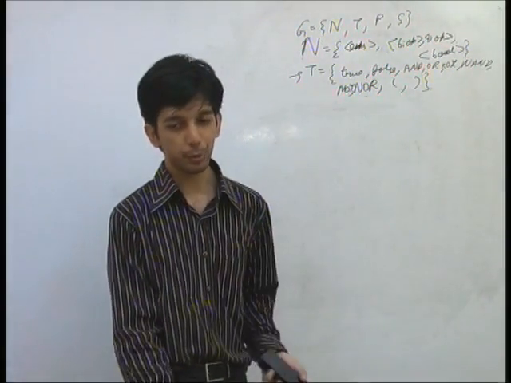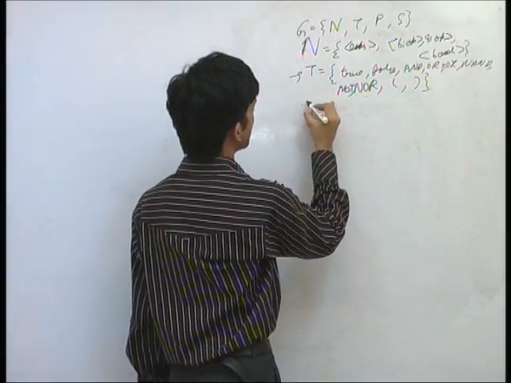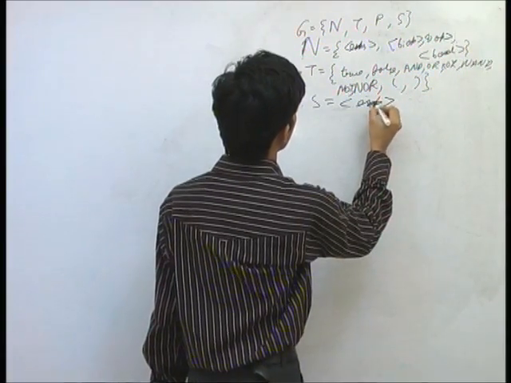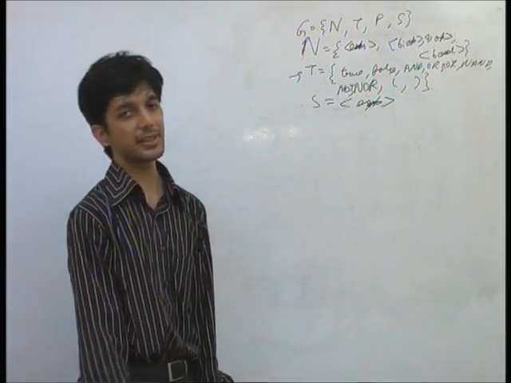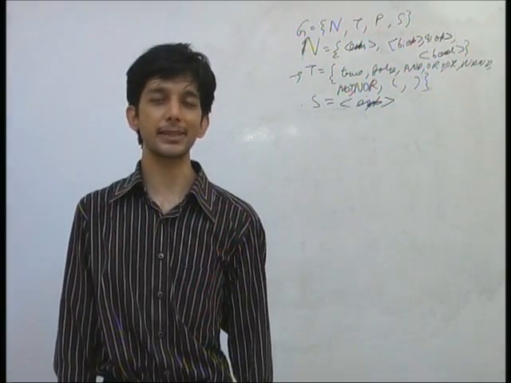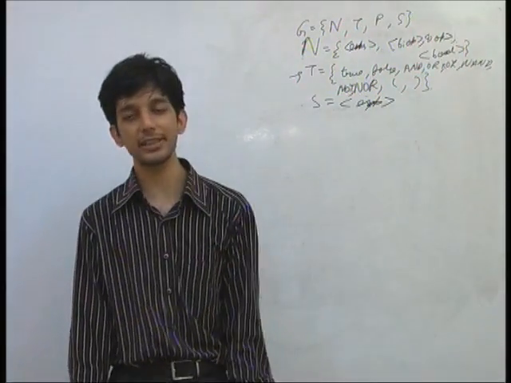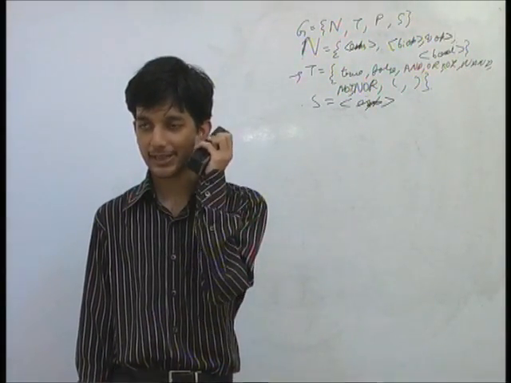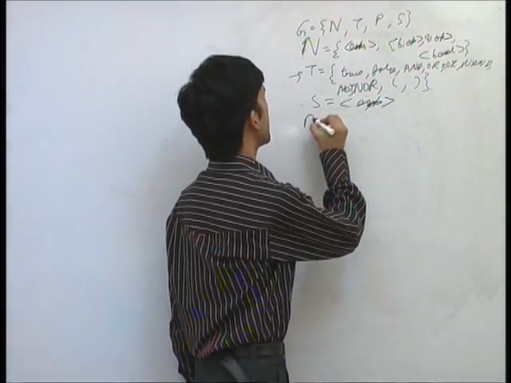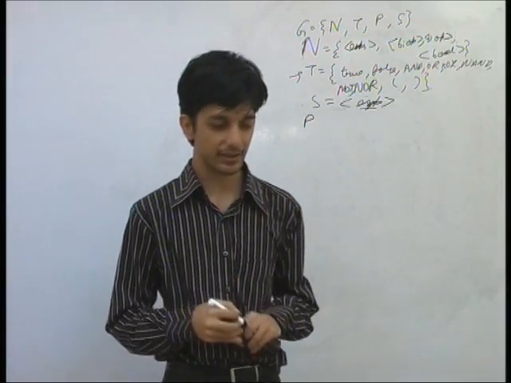My production rules. So I specify non-terminating and specify terminating. The start symbol is nothing but an expression. I start off with some kind of expression, and I'll apply a set of production rules to convert this non-terminating start symbol into terminating symbols.